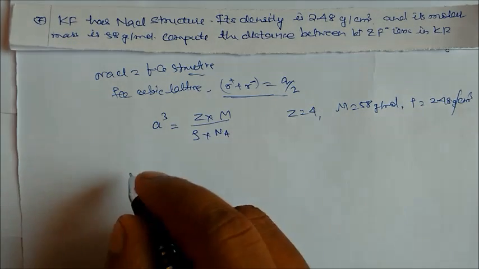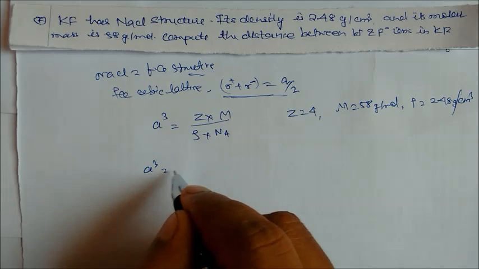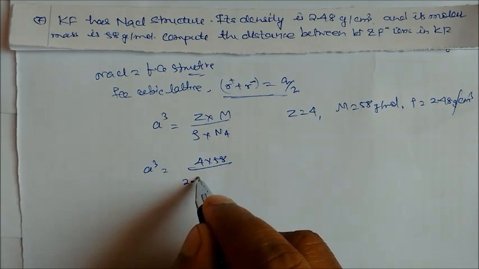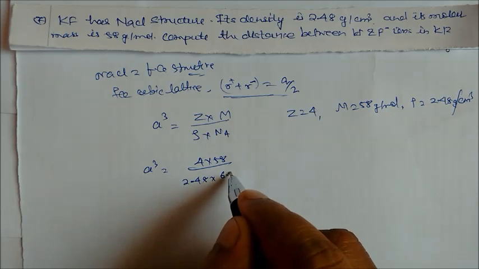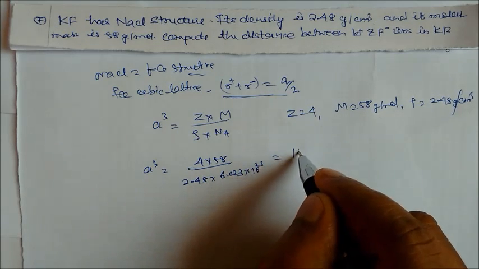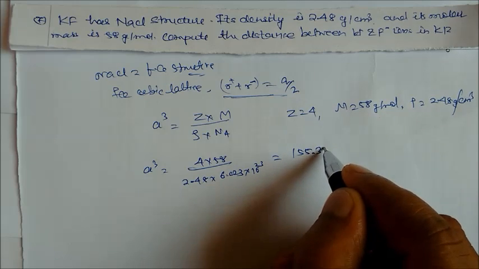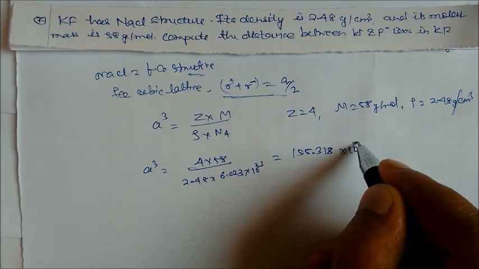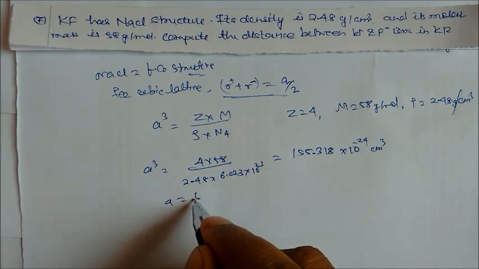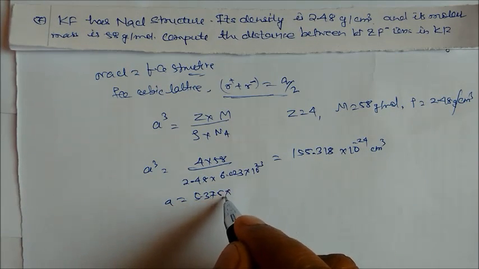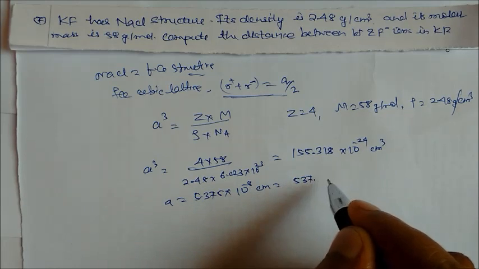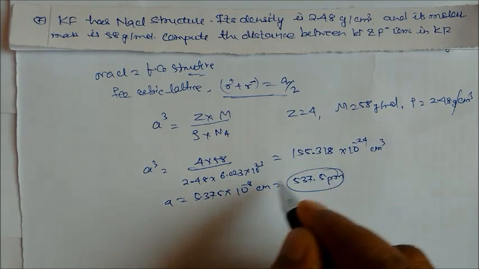So we can write here a cube is equal to 4 into 58 divided by 2.48 into 6.023 into 10 to the power 23. So on solving we will get 155.318 into 10 to the power minus 24 centimeter cube. So we will get a as 5.375 into 10 to the power minus 8 centimeter, or we can say 537.5 picometer.